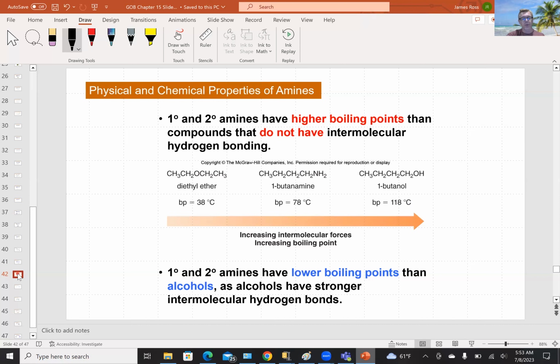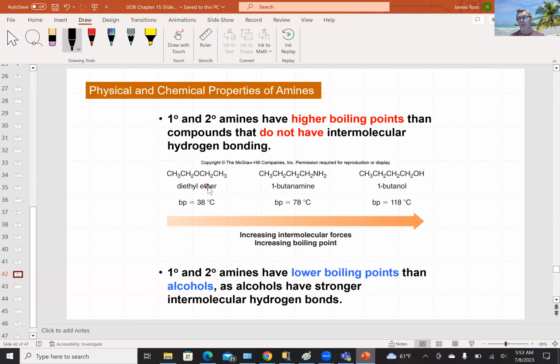Okay, if we compare the physical properties of this ether on the left with an amine in the middle and then an alcohol on the right, they get increasingly more impressive. Ether, strongest intermolecular force is dipole-dipole, no hydrogen bonding. The amine in the middle, roughly the same weight as the ether, more impressive because it can hydrogen bond because of its nitrogen.